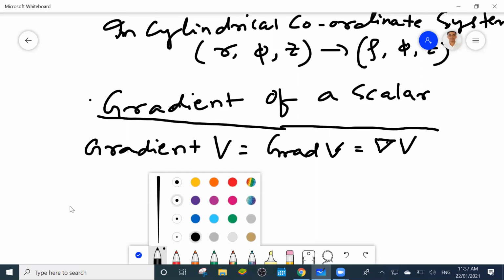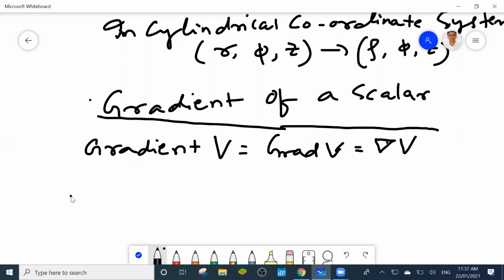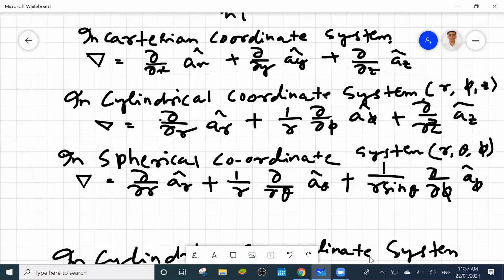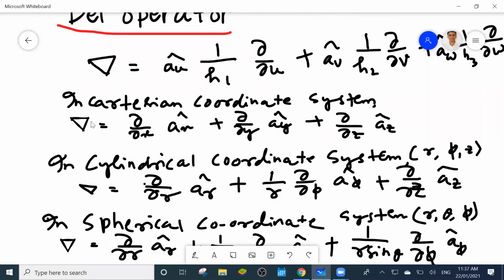Suppose in the Cartesian coordinate system, grad of V means del V by del x a_x cap, plus del V by del y a_y cap, plus del V by del z a_z cap.